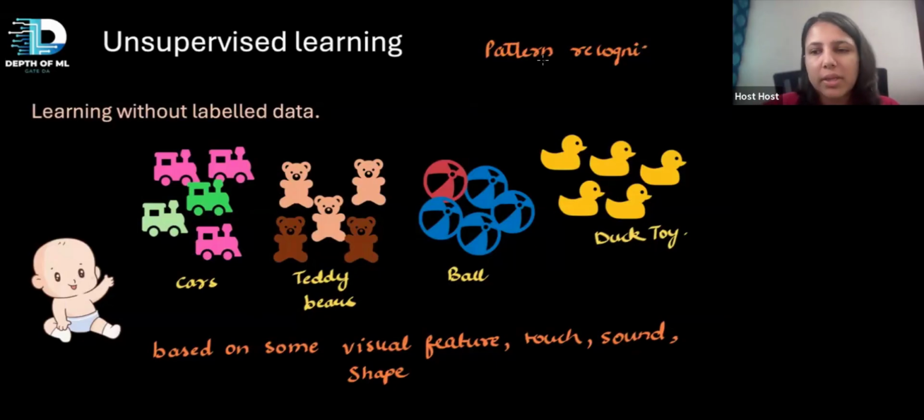So we are very good at pattern recognition, and hence we got that pattern recognition skill into our machine learning algorithms, so that now they try to identify patterns for us. And it's being used at multiple places.